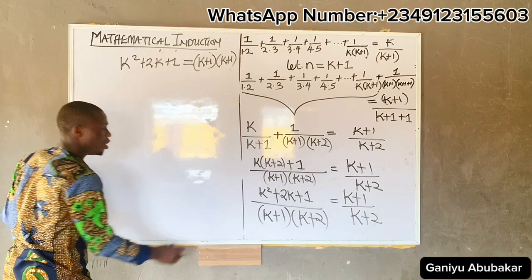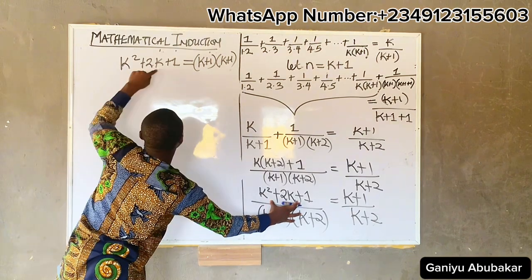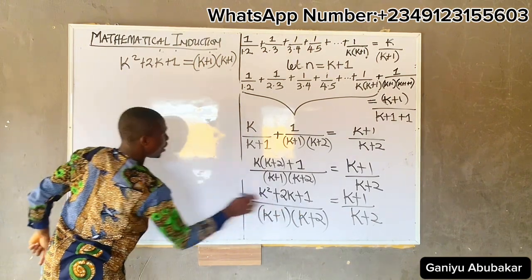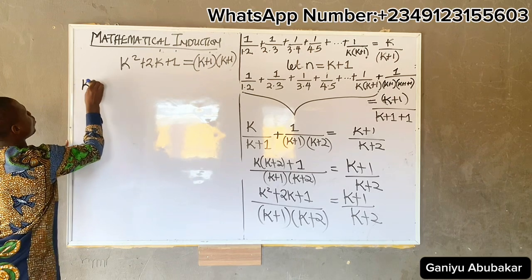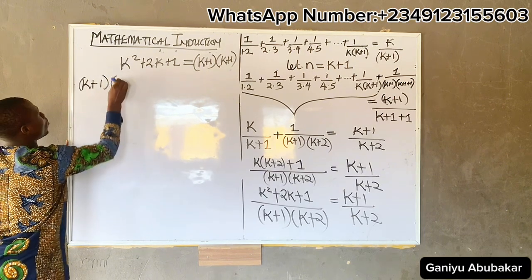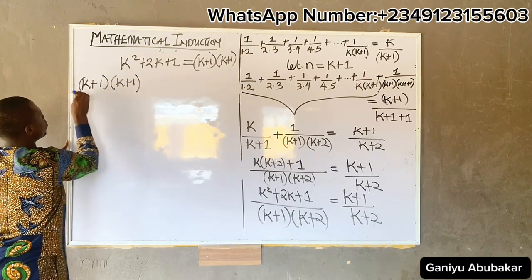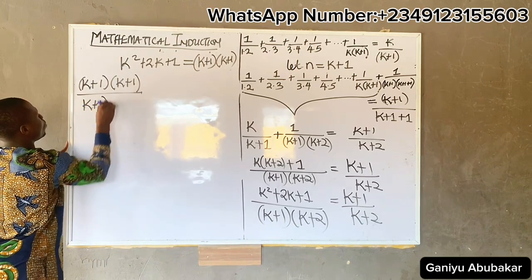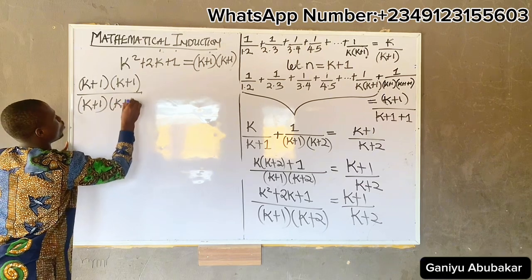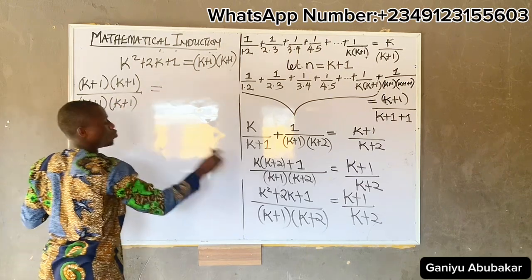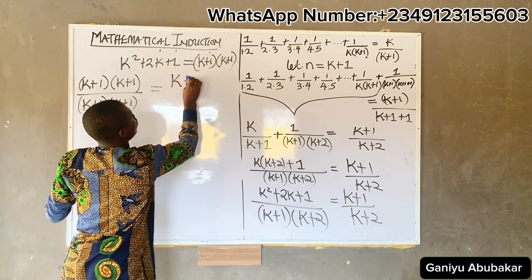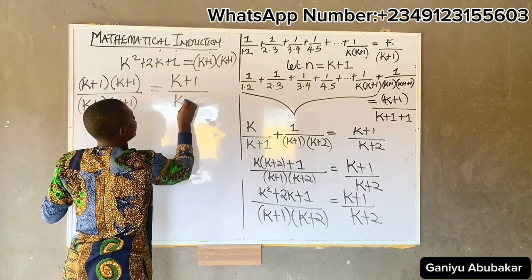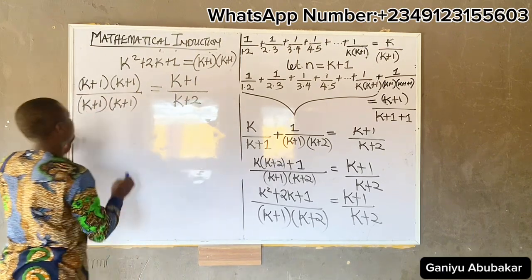So here's the concept now. Anyway, I see this now. This I'll put what? K plus 1, K plus 1. So I'll have K plus 1 into what? K plus 1 over this 2. K plus 1 into what there? K plus 1. I have this equal to what? K plus 1 over what? K plus 2. What do you observe?